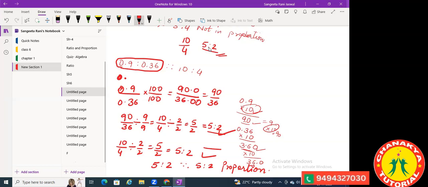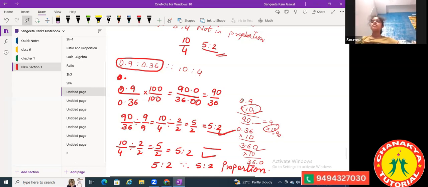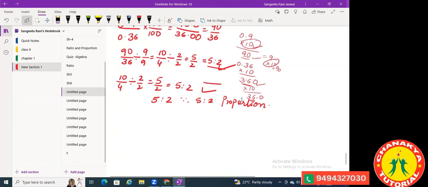And we saw that these two ratios are equal. That means they are in proportion. Had the ratios not been equal, they would not be in proportion. Okay? Understood? Yes, ma'am. Okay. Others, everyone understood?